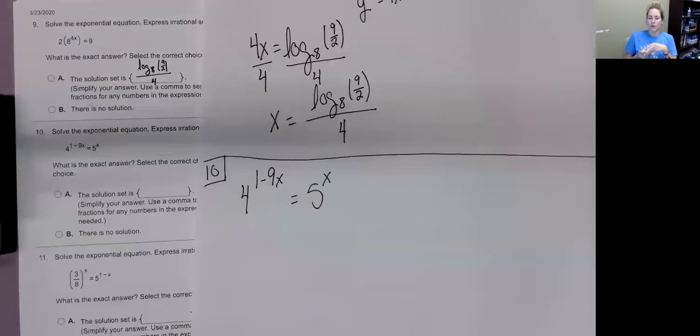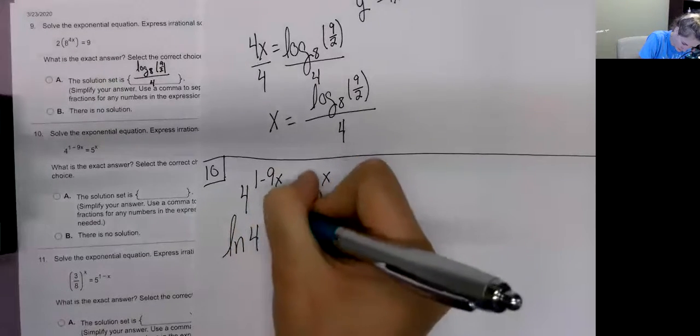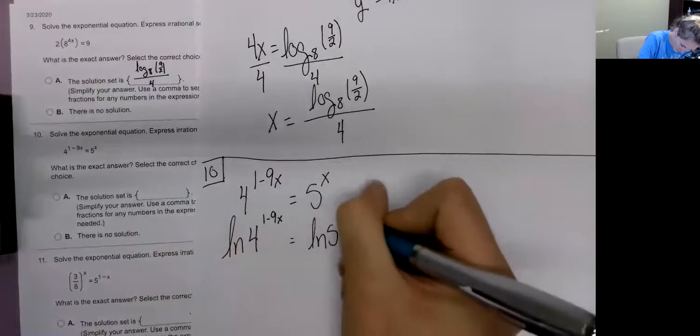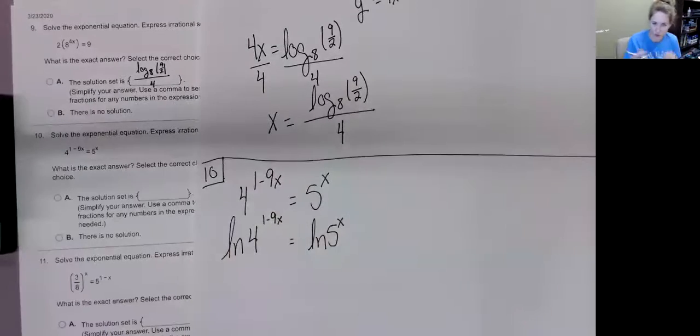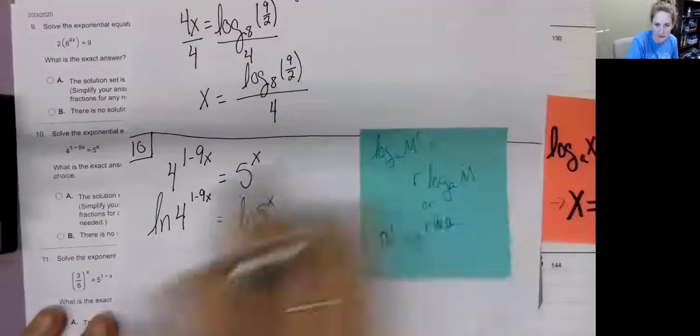Since I cannot make these bases be the same, so I can just compare the exponents, we're going to turn them into natural logs, and then use the rule with the exponents, where we take our exponent and put it in the front.